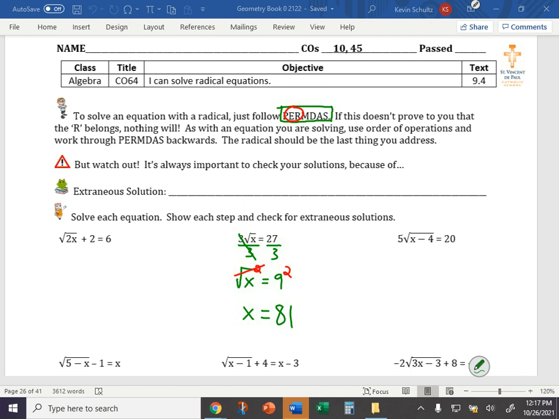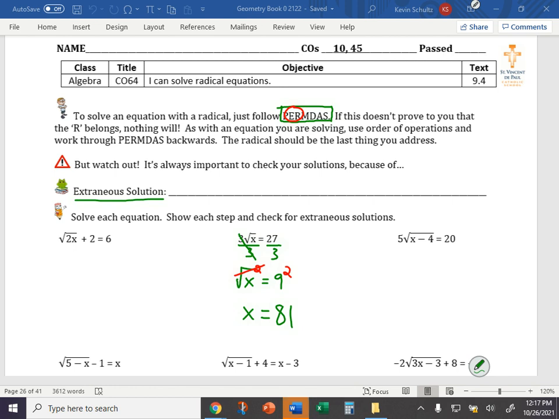I know everybody in here always checks their answers when they solve for a variable. When you solve a radical equation such as this, it is required that you do so. Because every once in a while, you're going to come across what's called an extraneous solution. Does anybody know what an extraneous solution is?